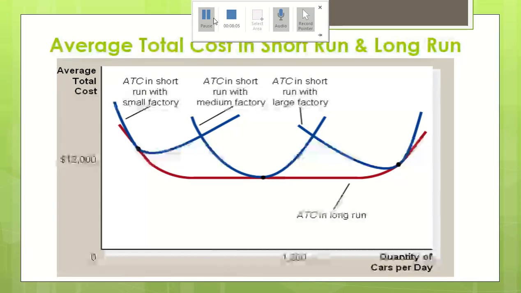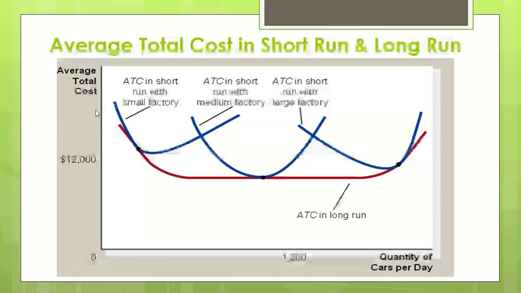The shape of the long-run average total cost curve is different from the short-run average total cost curves. The minimum cost will remain for a longer time in the long-run average total cost curve, while the minimum cost in the short run remains for a shorter period of time, and after that point, if the firm continues to produce, its average total cost starts rising.